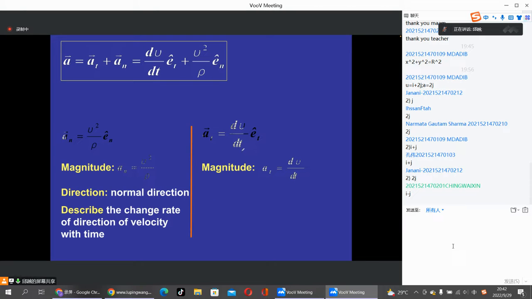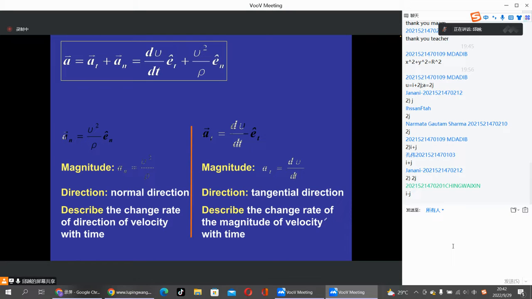And the other term, at, is easy to understand. It reflects the magnitude change of velocity with time. And the total acceleration can be calculated with this function: root of an squared plus at squared.